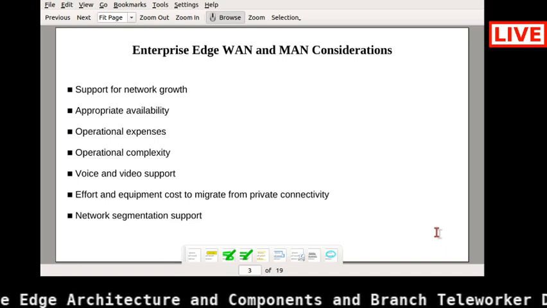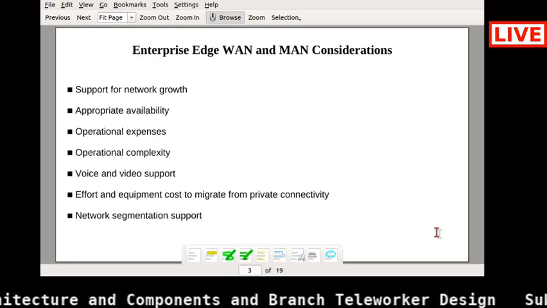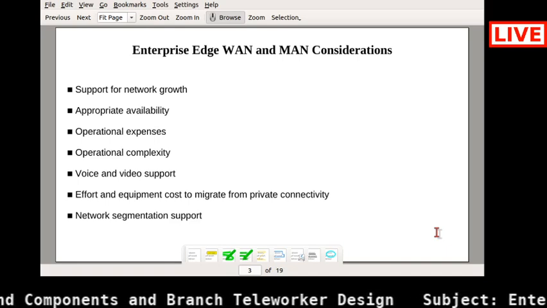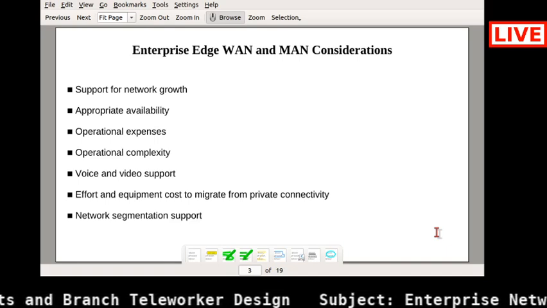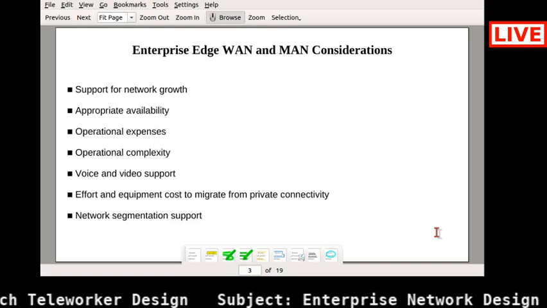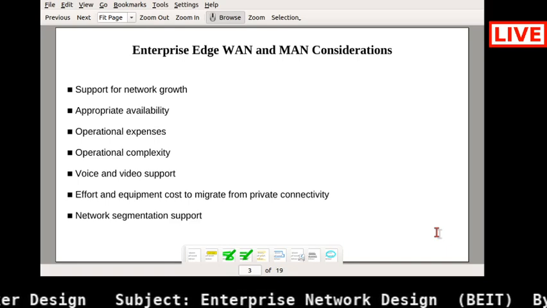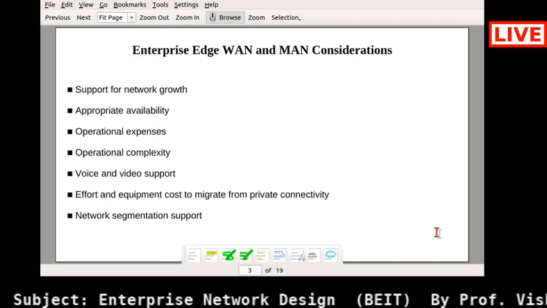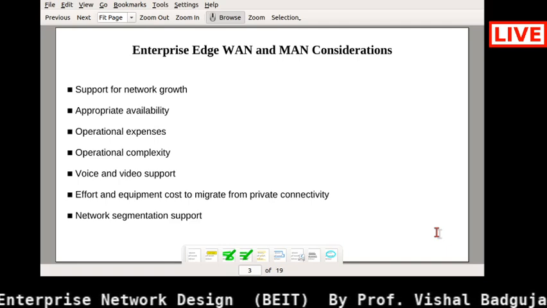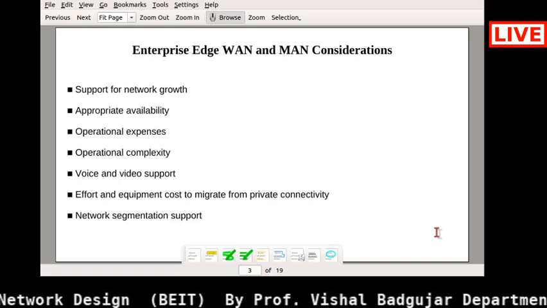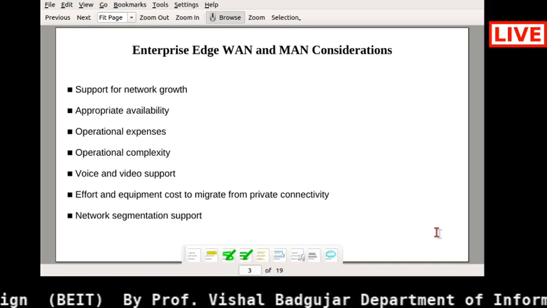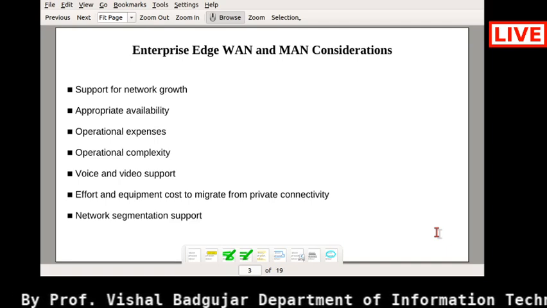So you need to use cheaper, low-cost technologies which will give you high efficiency and high availability in order to design your WAN. It will reduce your cost also.